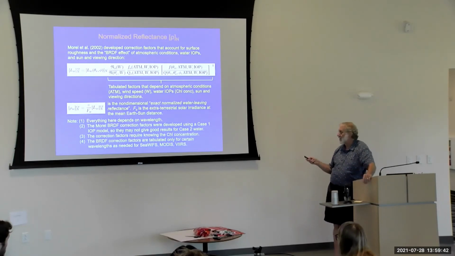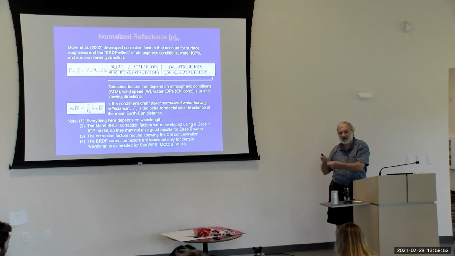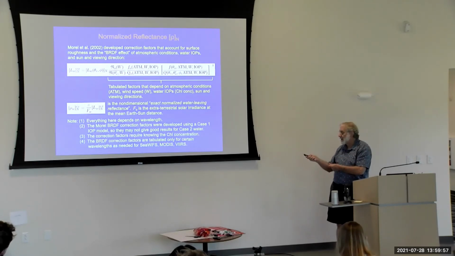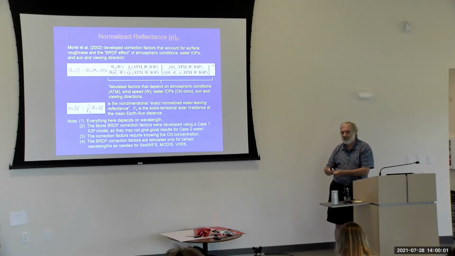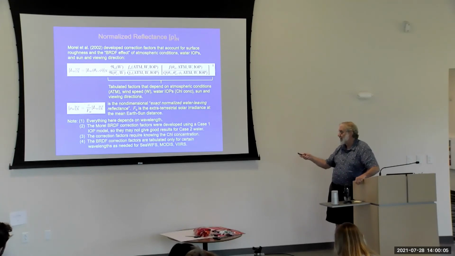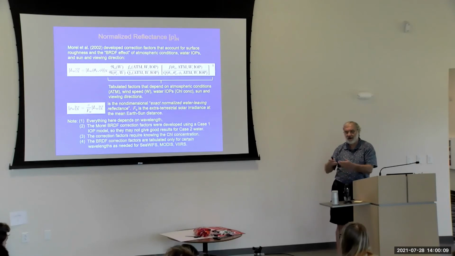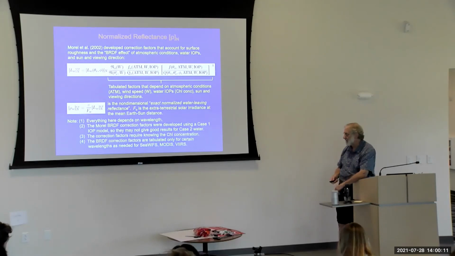It's exact for whatever the water IOPs were at the time of the measurement, and that depends on chlorophyll. So you kind of have to do a first guess at what the chlorophyll was, then you correct here, you get a water leaving radiance, you get a better reflectance, then you take that reflectance and you get a better chlorophyll guess, and then you redo this, and after 2 or 3 iterations, you finally decide you've got a good chlorophyll that's consistent with everything.